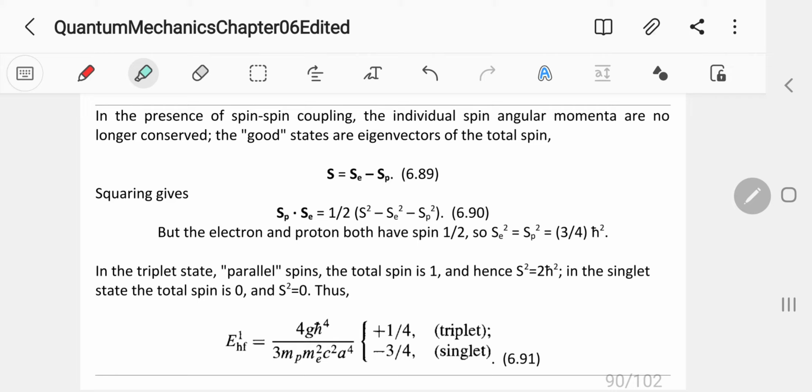Now, in the presence of the spin-spin coupling, the individual spin angular momenta are no longer conserved. And now the good states are the eigenvectors of the total spin, which is equal to this.